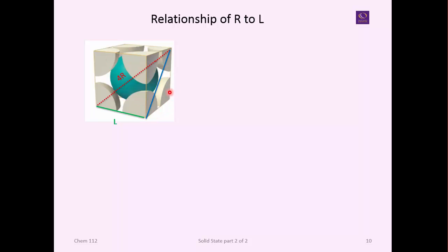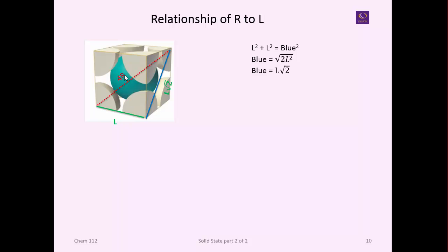So this L and this L are related to that blue hypotenuse according to Pythagorean's theorem, which says L squared plus L squared is the blue line squared. So let's solve for the blue line in terms of L. That's 2L squared. You take the square root of that, the L squared will come out. And you now know that the blue line is L times the square root of 2.